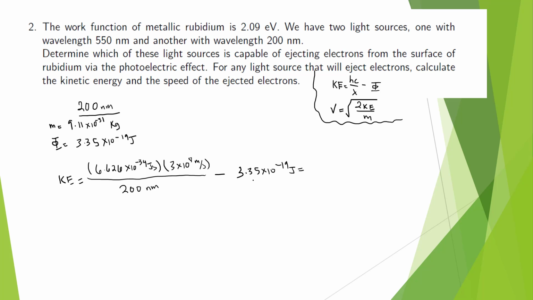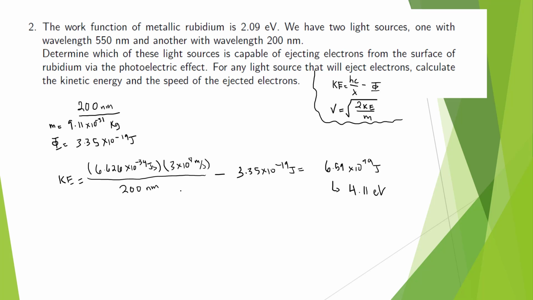And that gives us a kinetic energy of 6.59 times 10 to the negative 19 joules, or a kinetic energy in electron volts of 4.11.